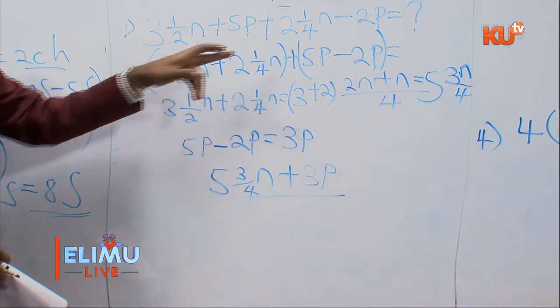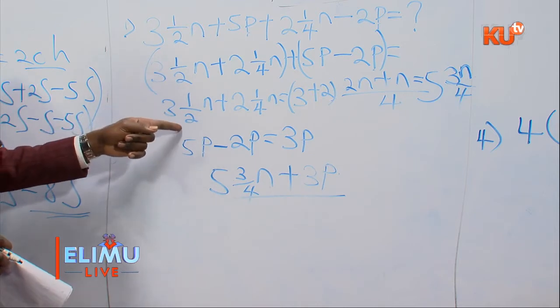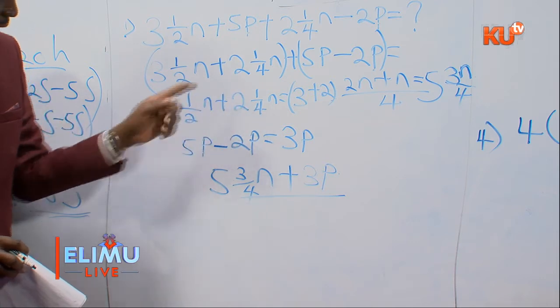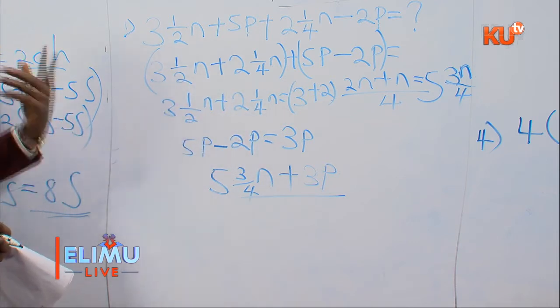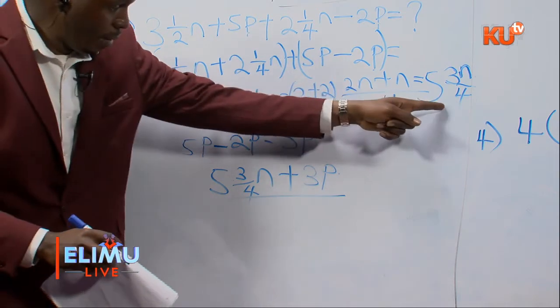I have grouped them into like terms. I added the whole numbers. That is 3 plus 2. I got 5 whole number.